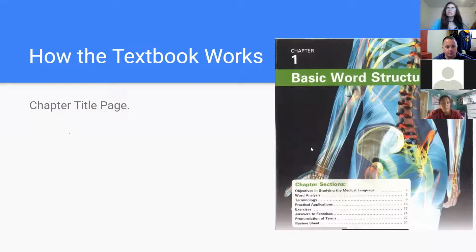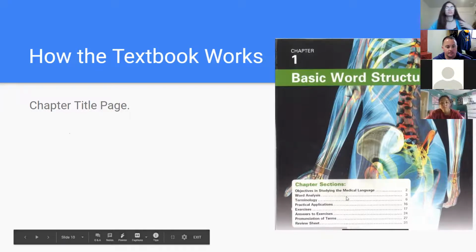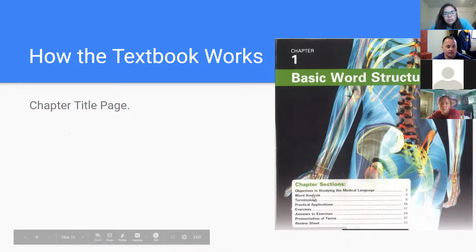Every chapter is going to have a title page, and it's going to give you the sections with the page number under it or next to it. Every chapter is going to give you some word analysis and terminology. Then it's going to give you some exercises, and then it'll give you the answers to those exercises, and then it'll give you the pronunciation of terms.